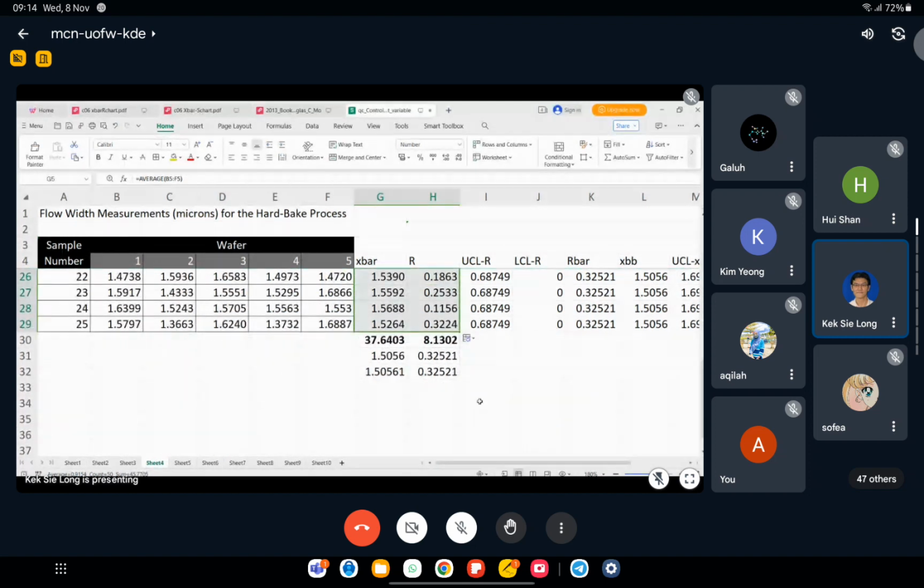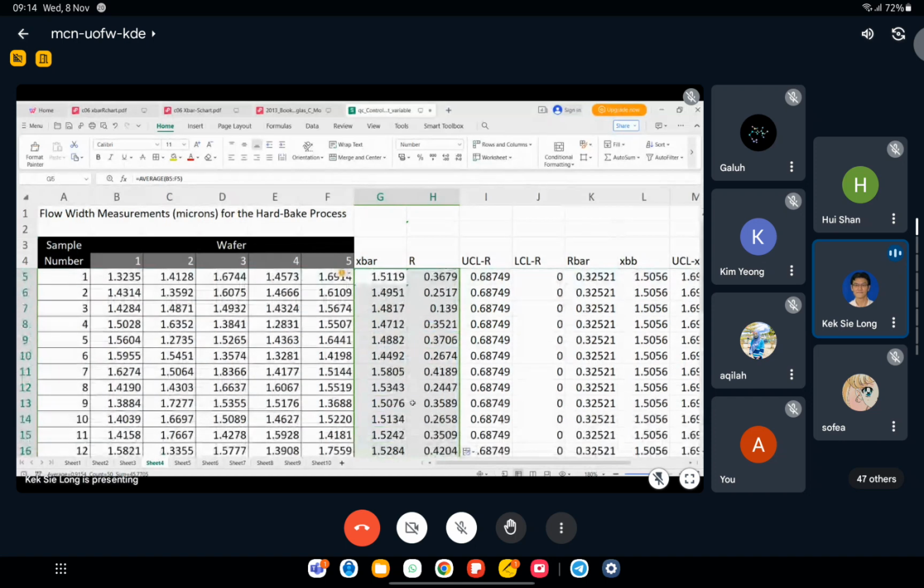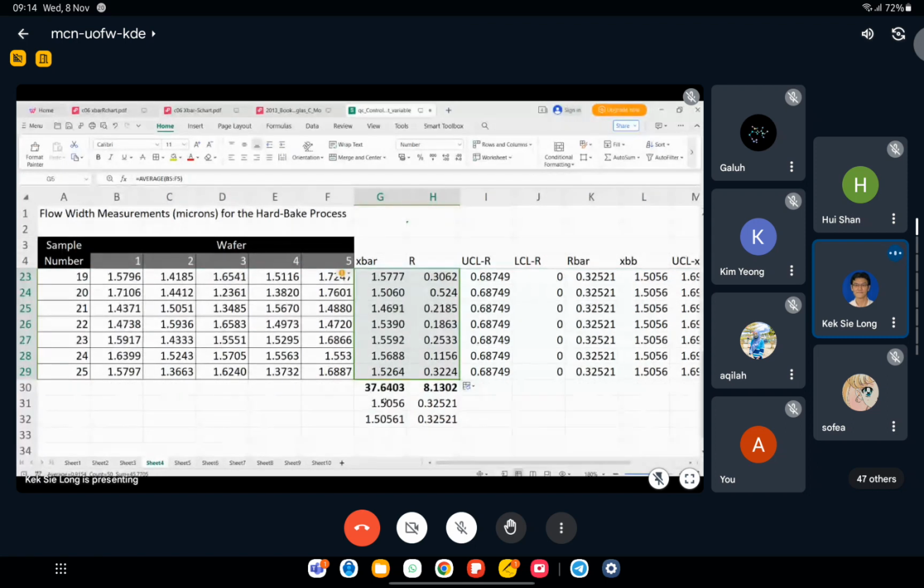until here. Yeah, remember we will fill in these two columns first because we want to calculate X bar and R bar. So these two values, we can do it one by one. Actually, we just need to do one. So you just simply type equal and then sum.